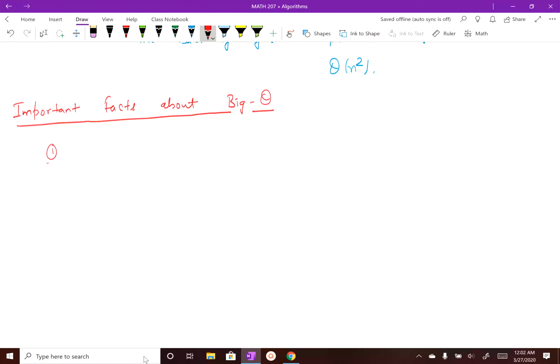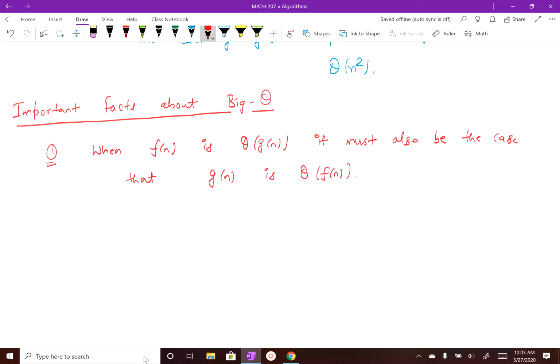The first is when f of n is big theta of g of n, it must also be the case that g of n is big theta of f of n.